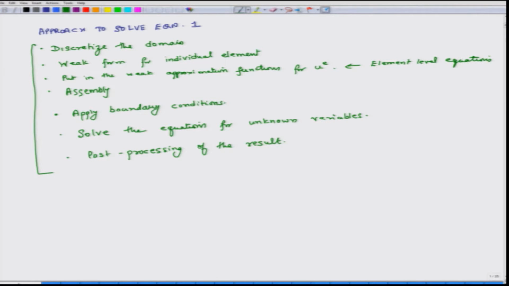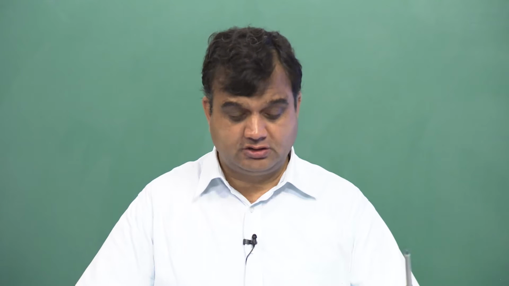All these steps are the same, but what differs when we move to two-dimensional problems is a significant difference in developing the weak form, because here when we do integration by parts, we are talking about a two-dimensional domain. In the earlier system it was a one-dimensional domain.